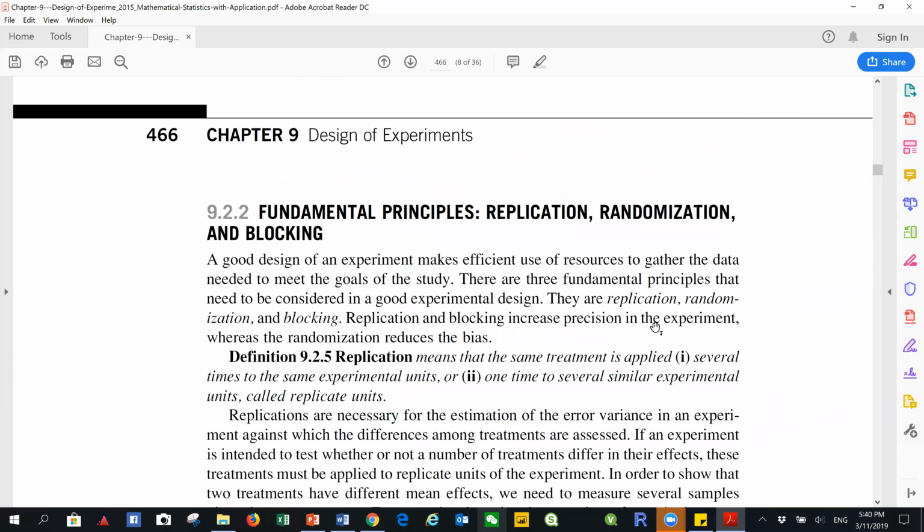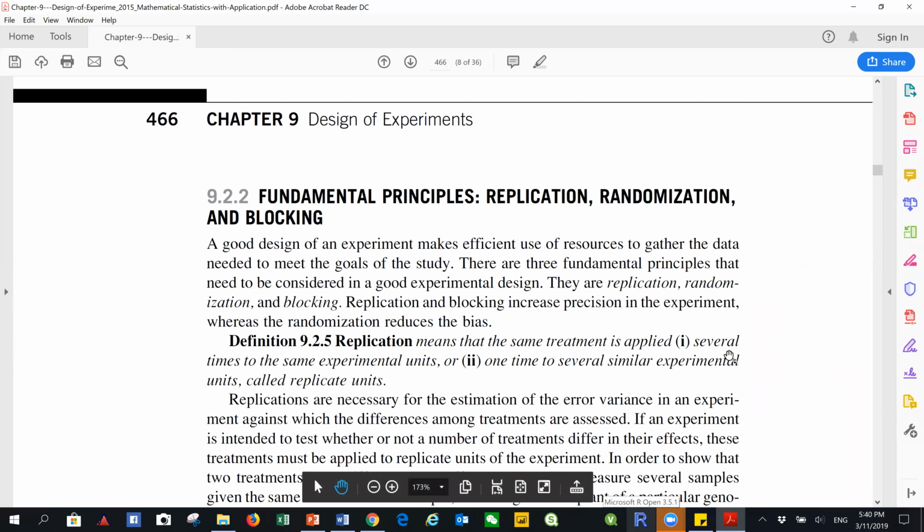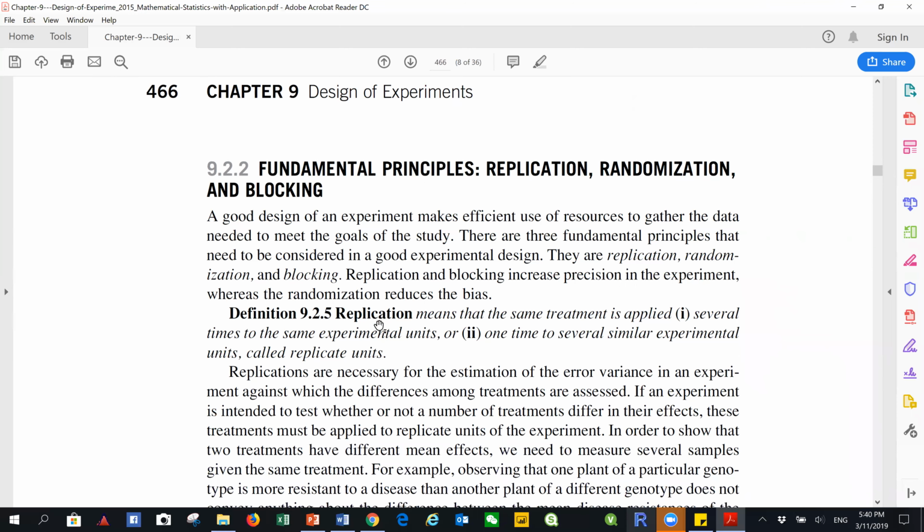So now we come and see the fundamental principles: replication, randomization, and blocking. Okay. Replication means that the same treatment is applied several times to the same experimental units, or one time to several similar experimental units, called replicate units.